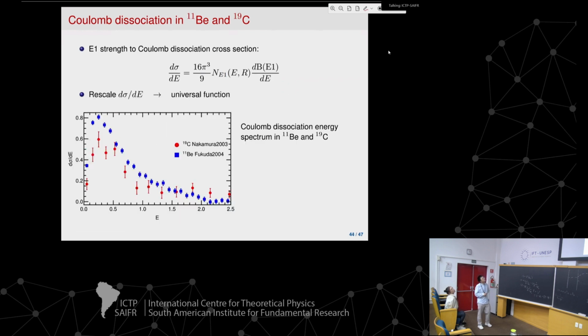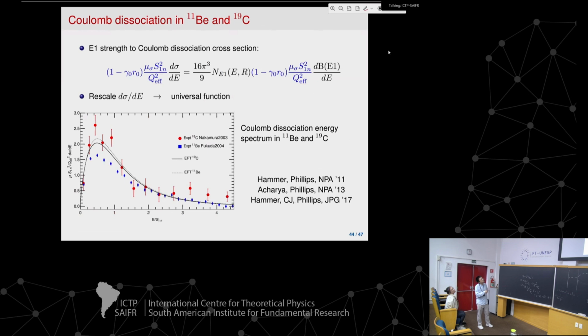So then we can rescale these differential cross sections to the universal functions. You just need to multiply these prefactors in blue on both sides of these equations. Then the right-hand side would be a universal function. So you can put the measured carbon-19 and beryllium-11 differential cross sections, rescaled, in the same plot.